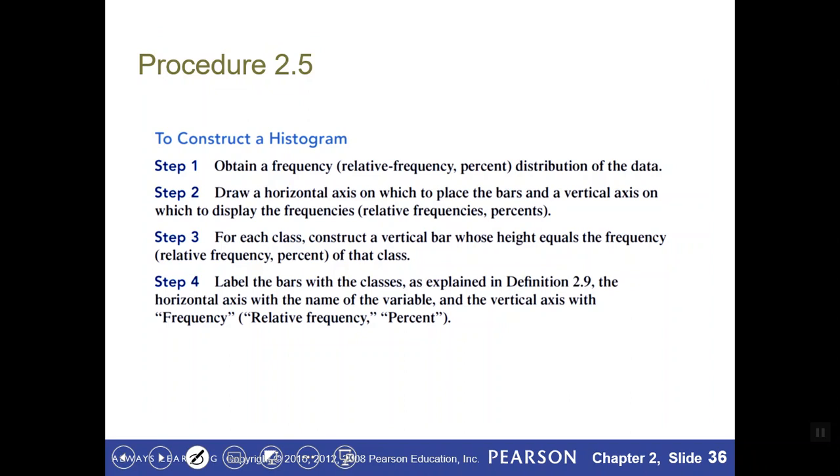So let's see what we have to do. The first step is to obtain the frequency distribution of the data. The next step is to draw a horizontal axis on which to place the bars, and a vertical axis on which to display the frequencies or relative frequencies.